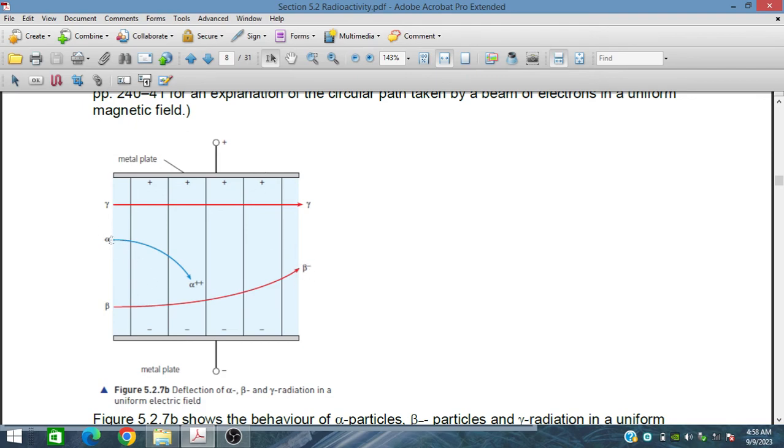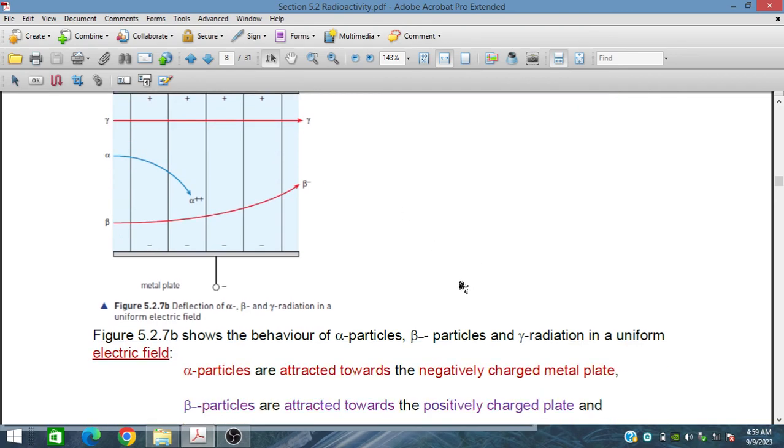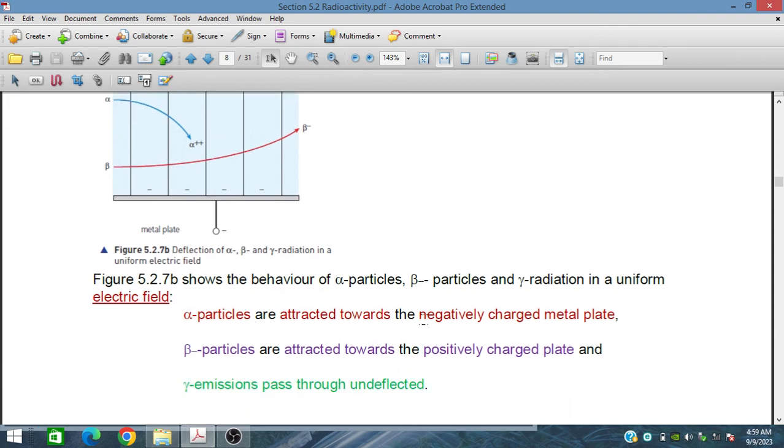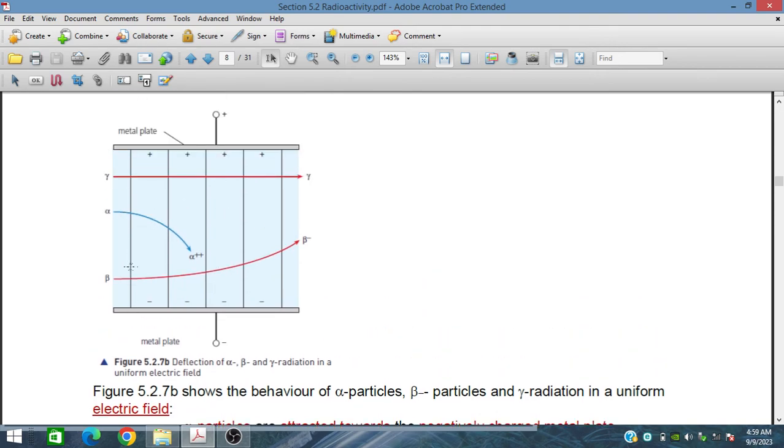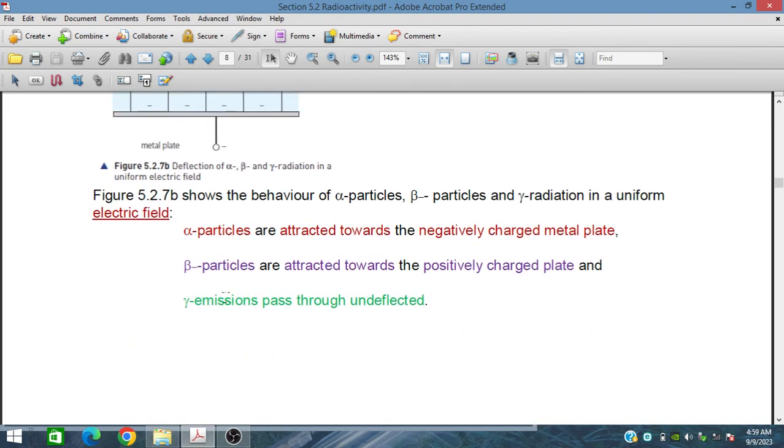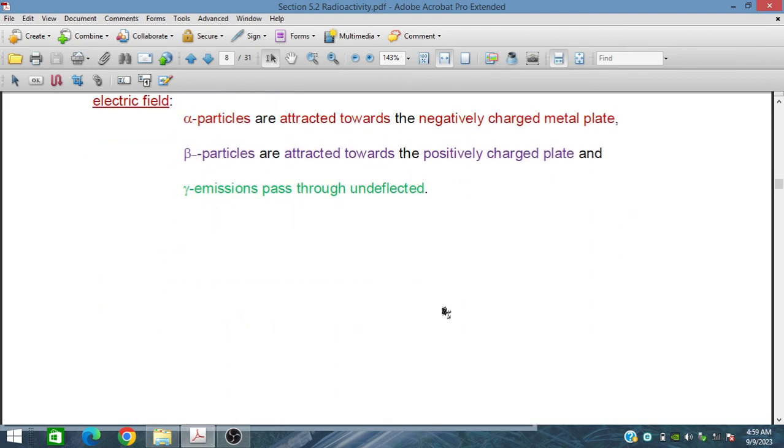Gamma has no charge, so it is attracted to neither, and simply passes through undeflected. Figure 5-27b shows the behavior of alpha, beta and gamma radiation in a uniform electric field. Alpha particles are attracted toward the negatively charged metal plate, beta particles toward the positively charged plate, and gamma emission passes through undeflected.